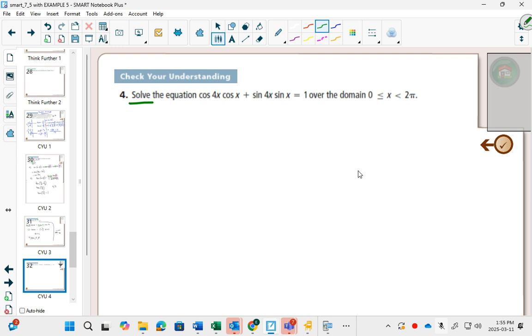And so what you have to ask is, hey, does that match up with one of my formulas? Cos plus sine, yes. If I look on my formula sheet, I have that cos of alpha minus beta is cos alpha cos beta plus sine alpha sine beta.